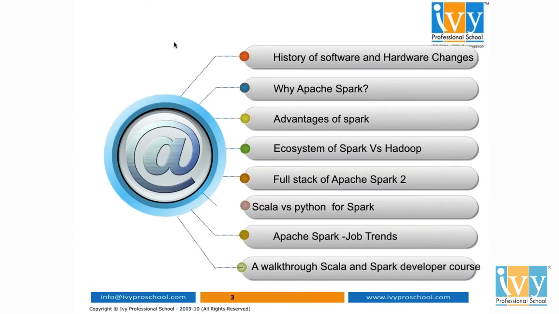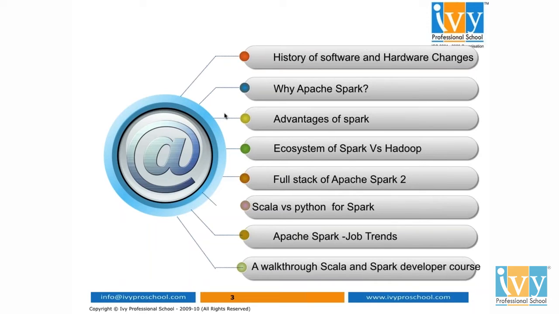Okay, so coming now to Spark. If you want to go for a Hadoop course, you should go along with Spark only. It should not be separate Hadoop Big Data. It should be Hadoop and Spark together, because Spark is very much important. It's very much moving in the market, and in this webinar I'll show you what the job trends are and how it's going to be really good for you.